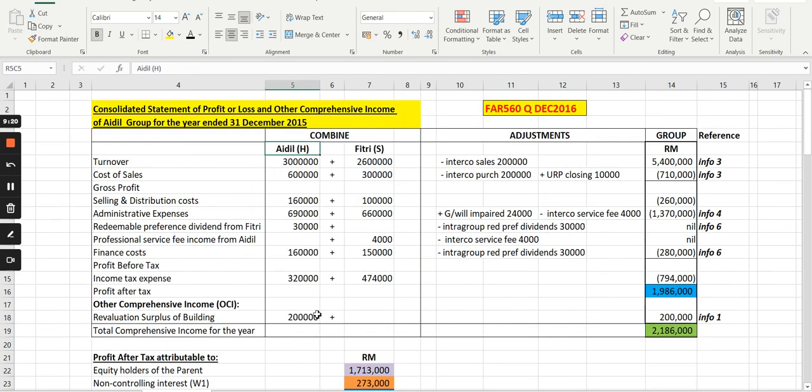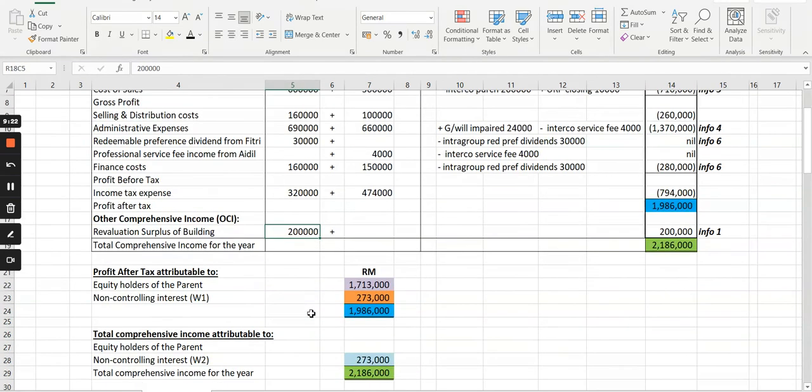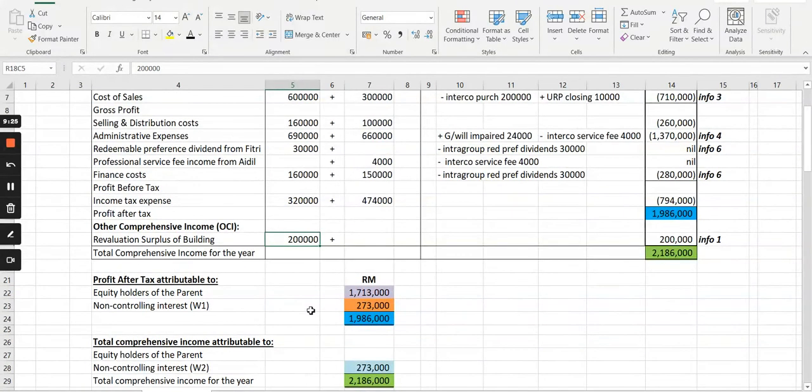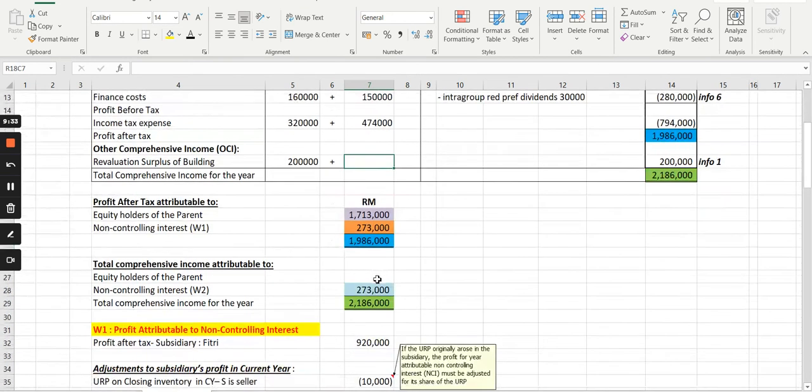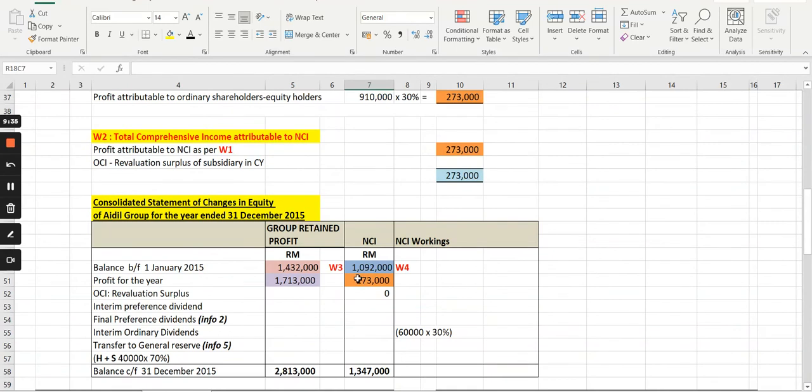This is the one of AIDIL. So that will not be included in the non-controlling interest column. If you have some amount for Fitri, then you will include that as well here, and you are going to show how much is the portion of the non-controlling interest in that surplus, should you have any. We will proceed.